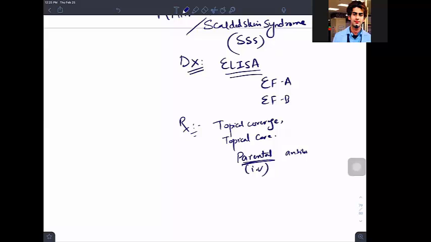Which antibiotics? Staph sensitive, the antibiotics to which Staphylococcus is sensitive. So easy, isn't it? We are actually destroying the toxins, sending the antibiotics through the blood circulation. And on the top, you are seeing some scaling happening, so you will apply some cream, isn't it? See, it's easy.